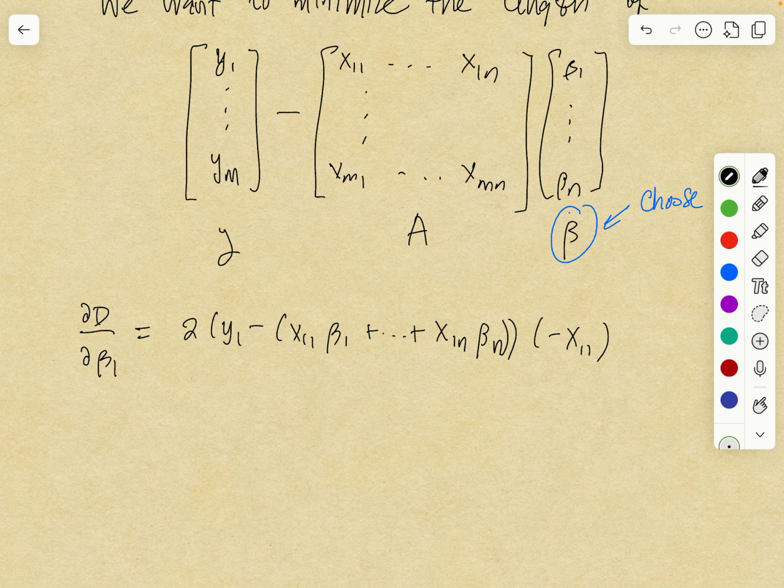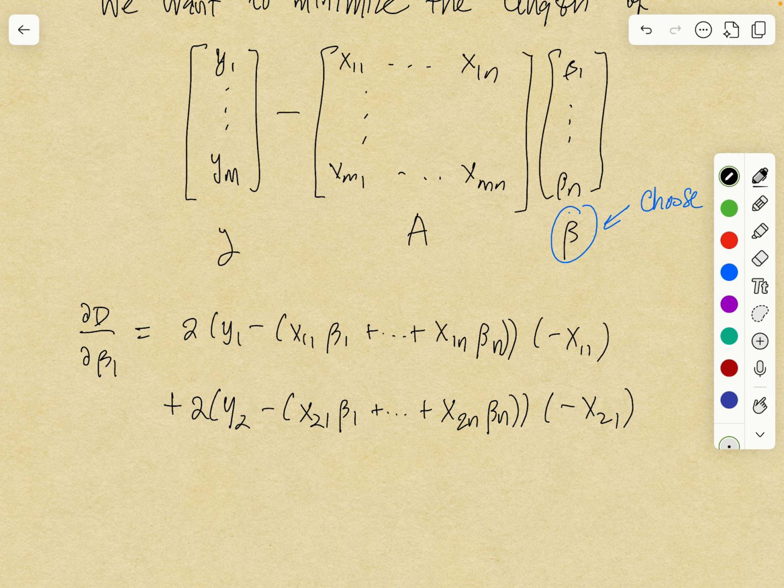So you're going to get that and then plus 2 times y2 minus x21 beta 1 plus dot dot dot plus x2n beta n, times negative x21. Okay, why is that?